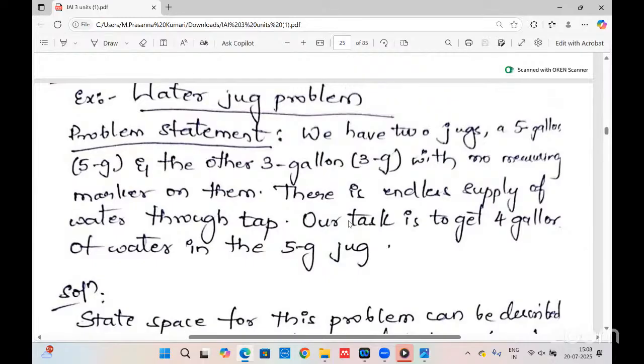Now keep heading. Leave the space. Write down the question: water jug problem.